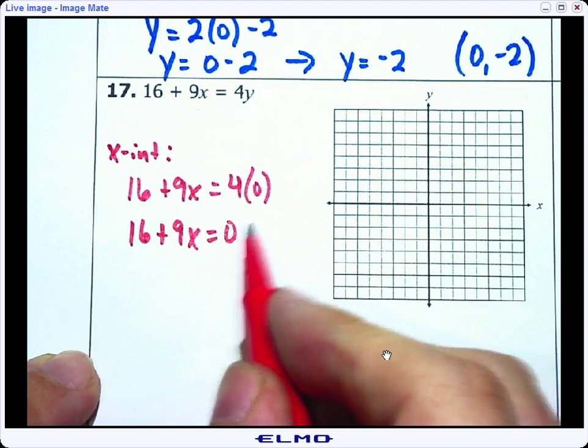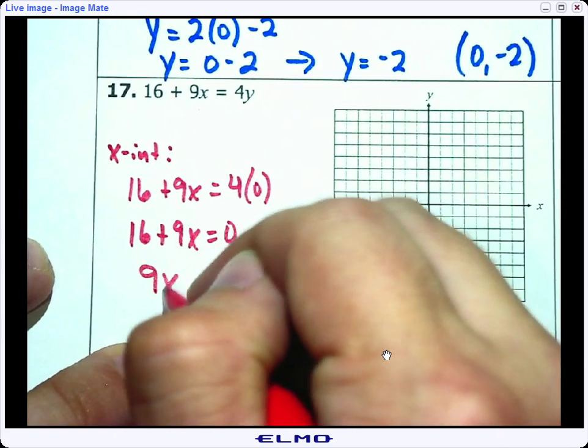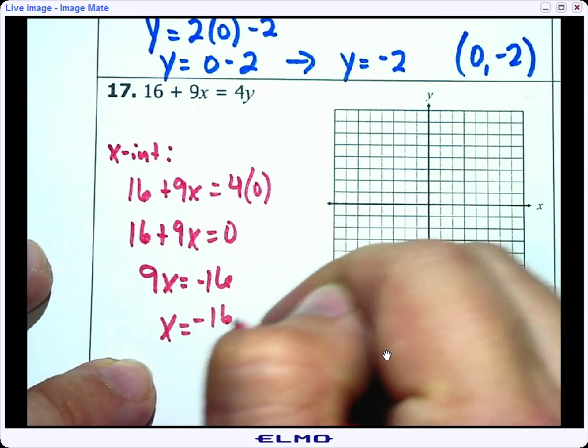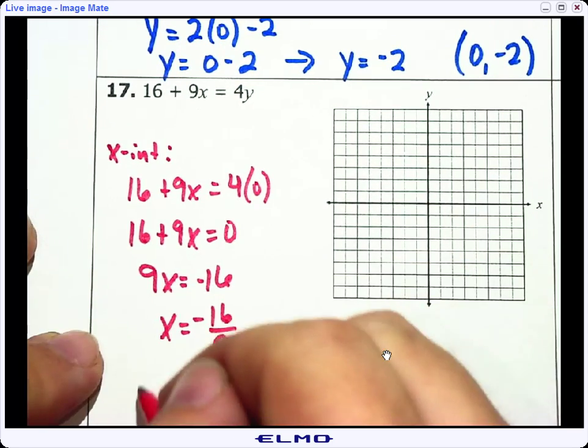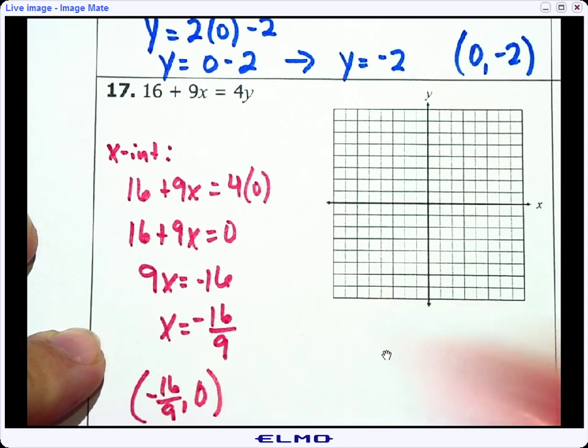Subtract that 16 so we can work to get the x by itself. It's going to give you 9x equals -16, which means x equals -16 over 9, which cannot be reduced. So we would get the final answer of (-16/9, 0).